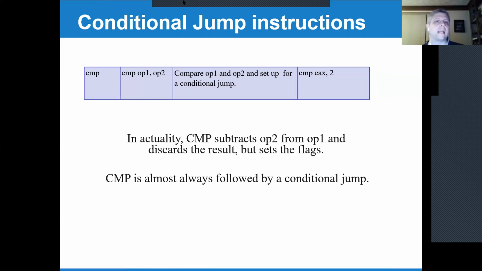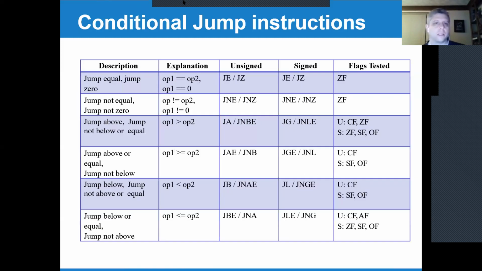Depending on which flag gets set is whether or not the conditional jump will occur. What you really need to remember is that when you see a compare, just understand that it's comparing those two values, and then the conditional jump you see next will tell you whether or not that jump occurs. So let me show you the jumps. I think it'll make more sense that way.